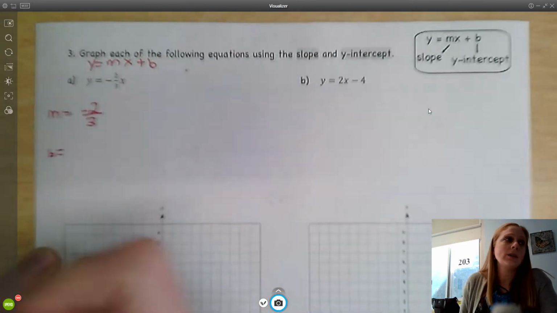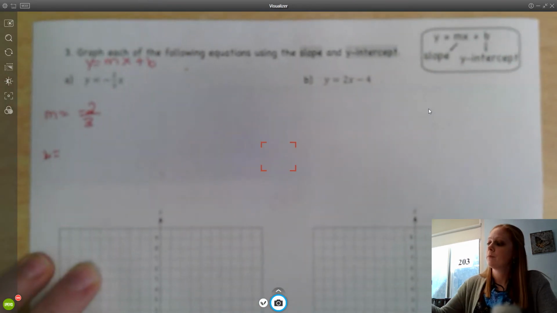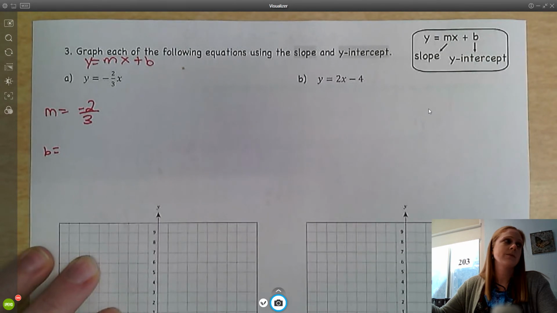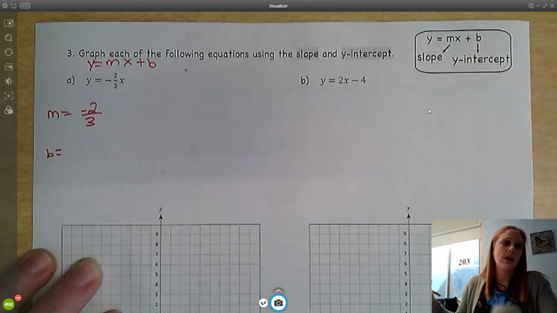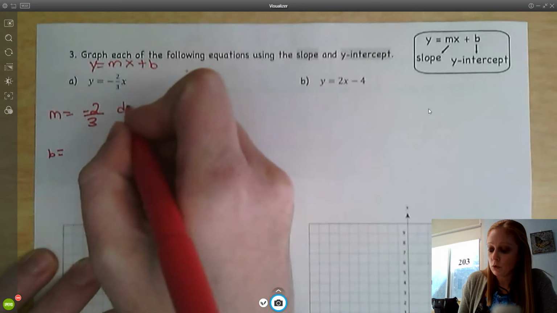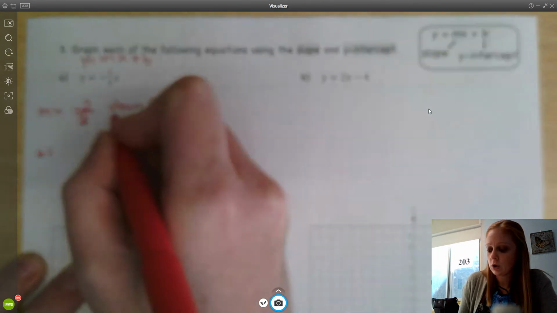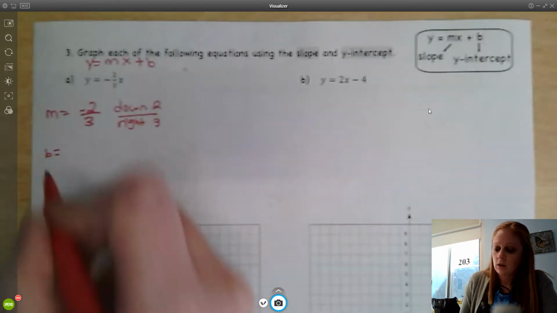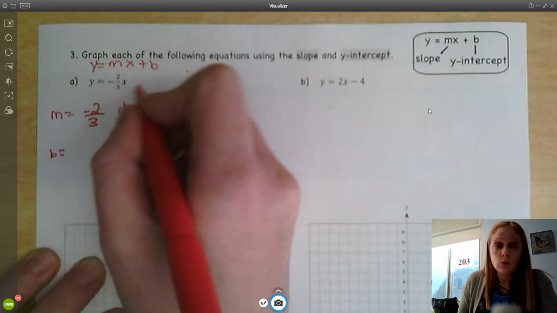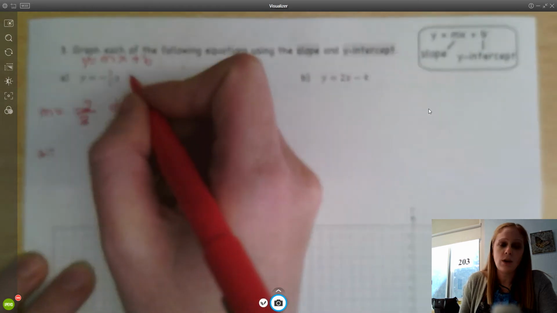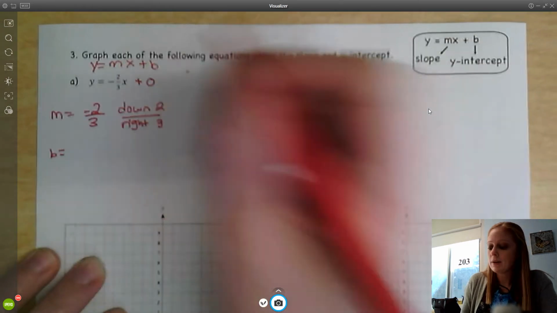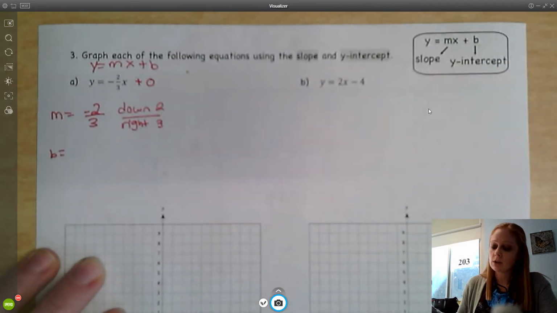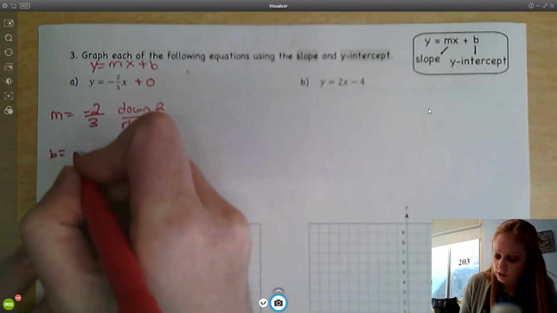That negative we always like to put up with the numerator, even though it looks like it's right in the middle of the fraction. So this tells us that we're going to be moving down 2 and right 3. Our y-intercept, you can't see any number being added or subtracted at the end here. So that means it's as if there is a plus 0. So that means our y-intercept is going to be 0, 0.